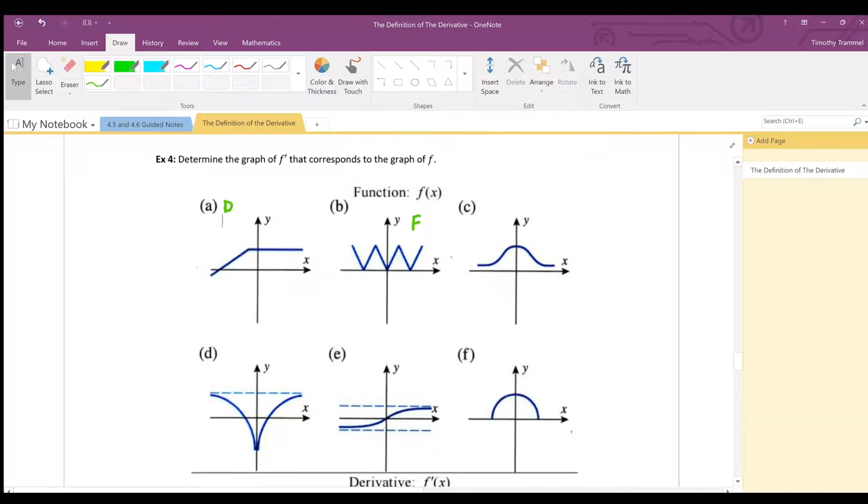Okay, let's look at C. So C, you might notice, has a horizontal tangent line right here. So we expect that f prime of 0 is equal to 0. Now, this may seem a little problematic because this one also has the same feature.